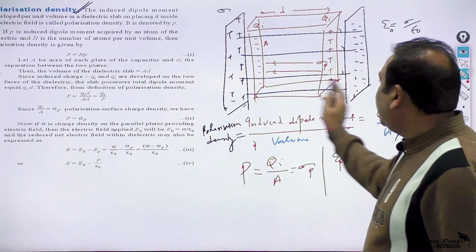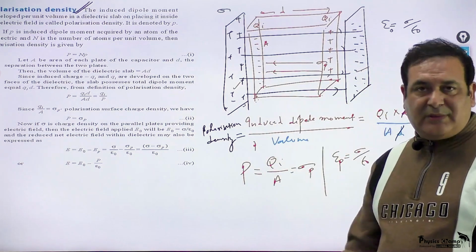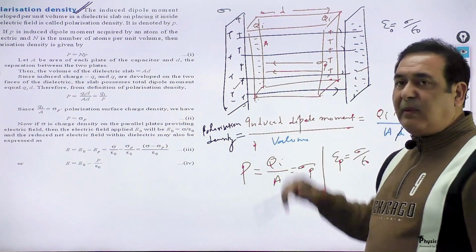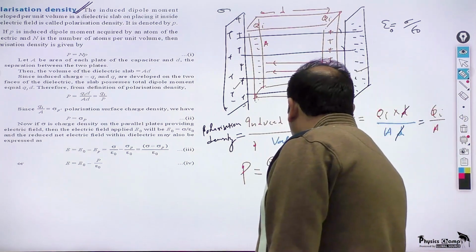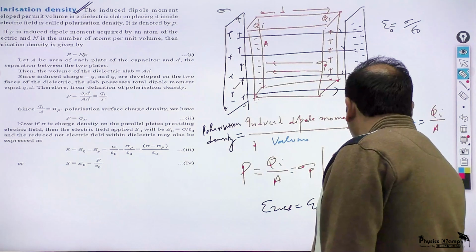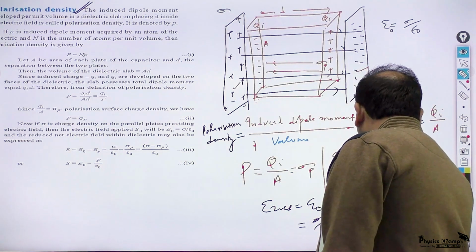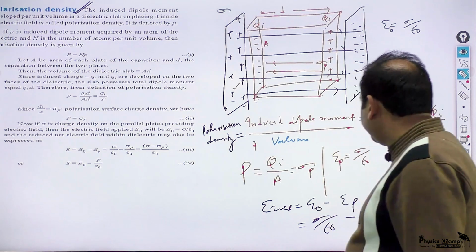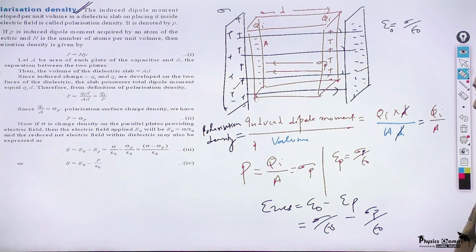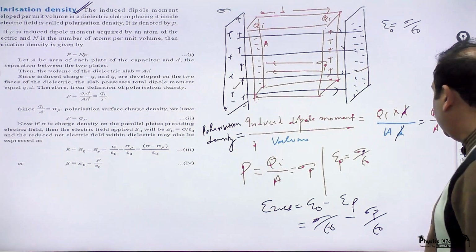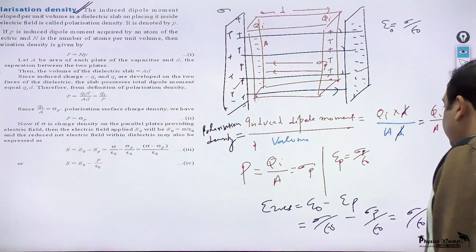It is like two similar plates, positive and negative, with surface charge density sigma p. So the net electric field in this case would be E naught minus EP. E naught is sigma by epsilon naught and EP is sigma p by epsilon naught, where sigma p is the polarized charge density. Or the net electric field can also be written as sigma by epsilon naught minus polarization density by epsilon naught.